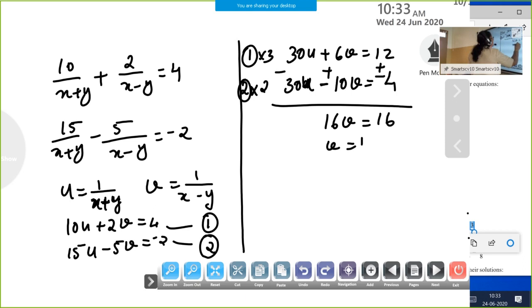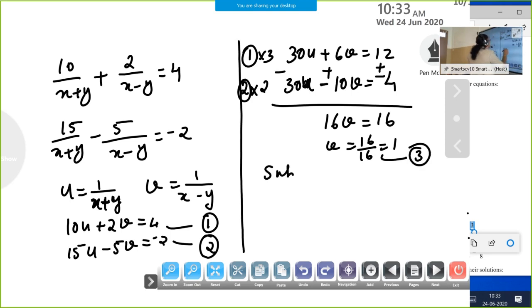V is equal to 16 by 16, that is 1. V is equal to 1. Substituting the value of v in equation 1, this is equation number 3.